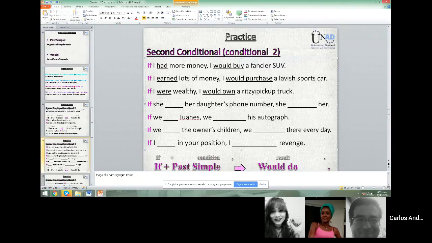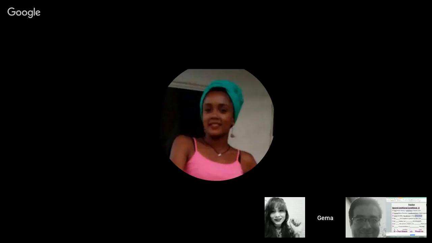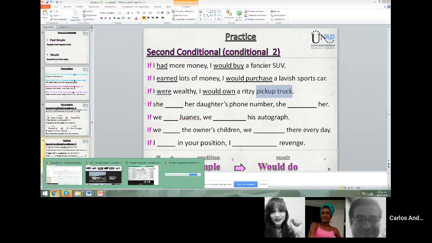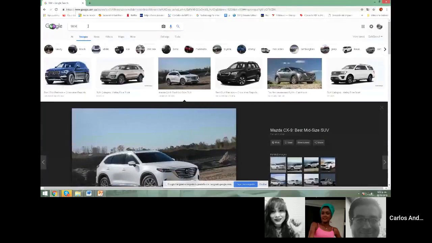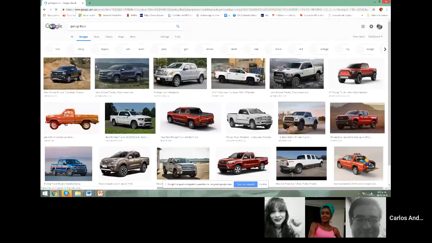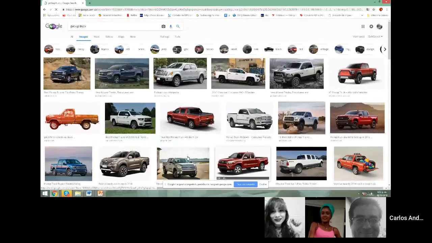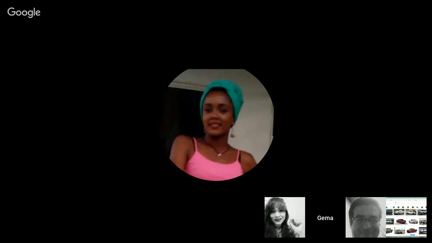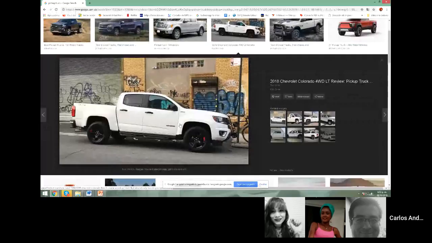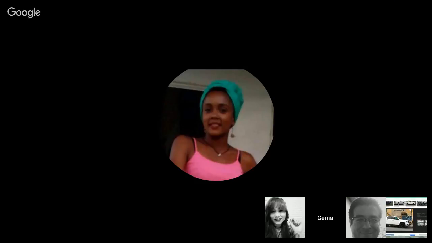It's too fancy. Okay. And Gemma, I have a question for you. What is a pickup truck? I'm not sure. Okay, let me show you. That is an SUV. This is a pickup truck. This one. All of them are pickup trucks. So do you see a difference, right, Gemma? Yes.